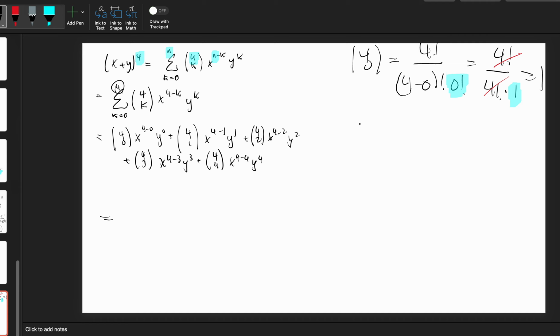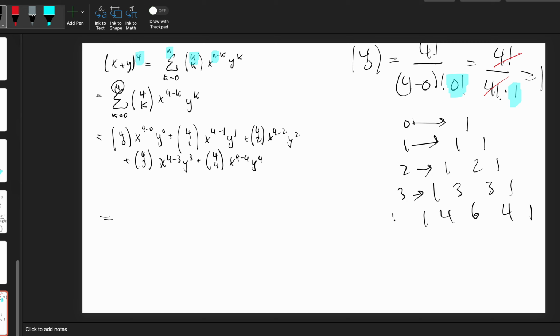But what I could do instead is use Pascal's triangle. Pascal's triangle, if I generate it here, will tell me what those elements are going to be. I'm going to generate it up to the 4th row. I'm going to generate 5 rows, but this is the 4th row. In our way of counting, this is the 0th, 1st, 2nd, and so on. So this is 0, 1, 2, 3, and 4.